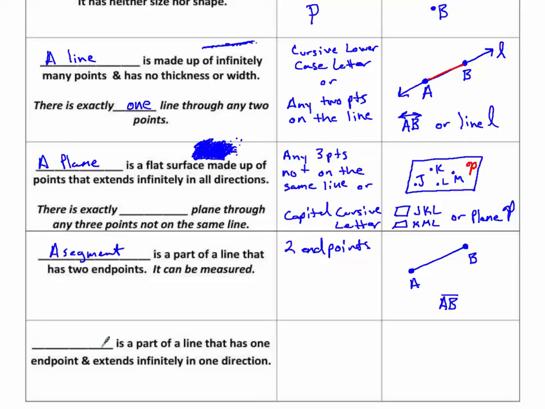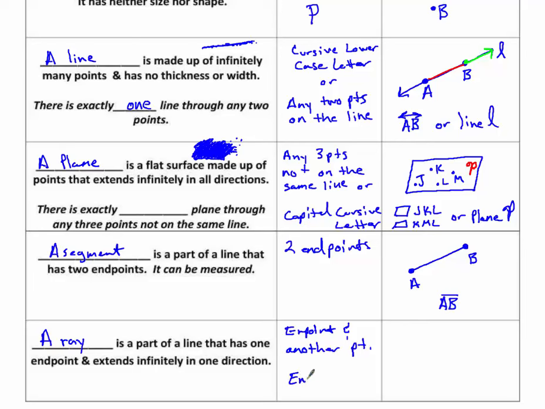The last term, which you probably have heard before also, is called a ray. A ray is part of a line that has 1 endpoint and extends infinitely in the opposite direction. So if we look up at our line that we drew and we go from B this way, that would be a ray. The way that we name a ray is with the endpoint and another point.